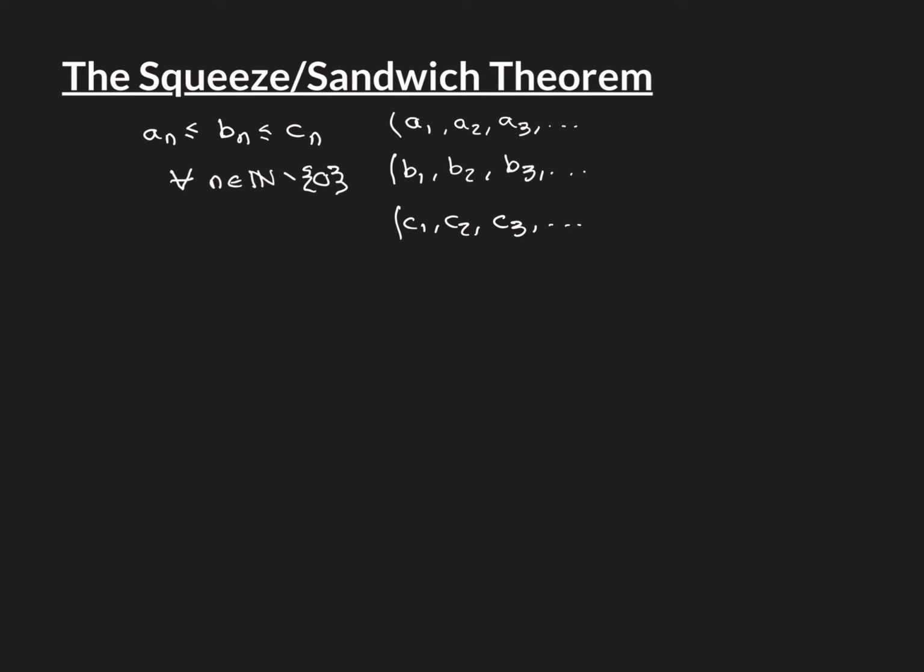So hopefully you're aware, if you have a sequence and you cut off a finite number of terms, so let's just use the example of our A sequence. So let's say A is converging to some limit, and indeed for the squeeze theorem we're going to need that A is converging to a limit. So we'll have limit as n approaches infinity of AN is equal to some limit L.